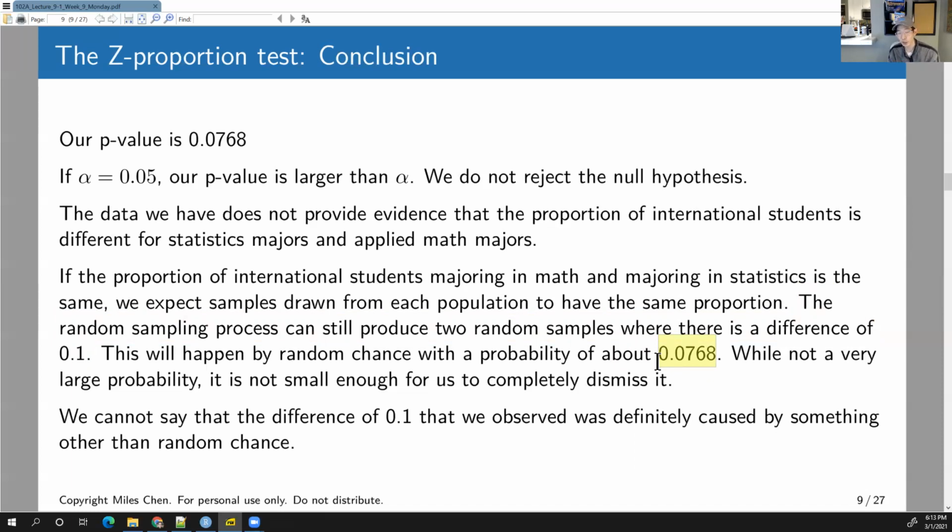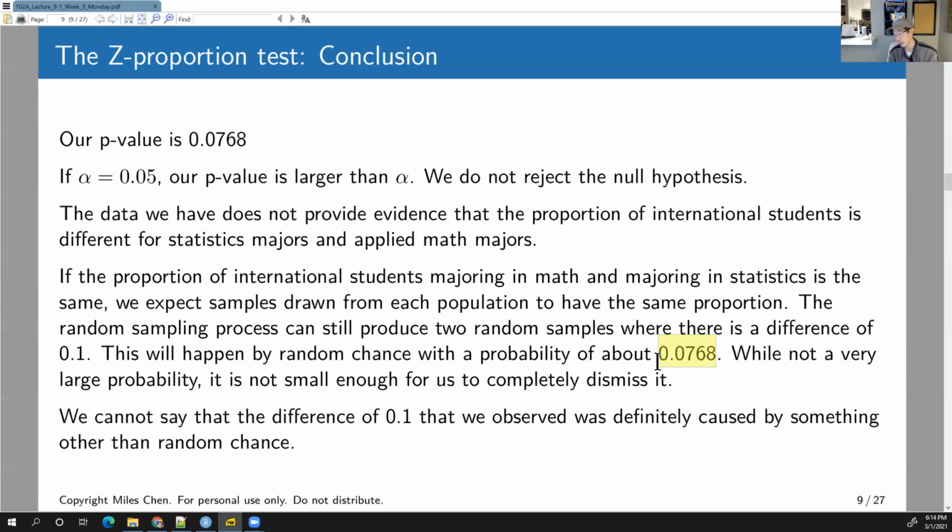This is not a huge probability, but it's not small enough for us to just dismiss it, right? Our arbitrary threshold is that if it's going to happen less than 5% of the time, I'm going to dismiss it and say it's not really going to happen. But here it's going to happen a little bit more than that, between 7 and 8% of the time, so I can't completely dismiss it. I can't just say I got a difference of 10 percentage points and it doesn't happen all that often by random chance.